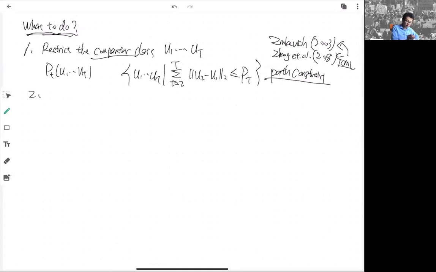Then the second group of thoughts on how to restrict the space of problems so that we have a more tractable problem family is to make assumptions on the sequence of ft that you observe. This is also a reasonable assumption in many cases because we assume that the adversary can choose an arbitrary sequence of functions and maybe even depends on my random coins.